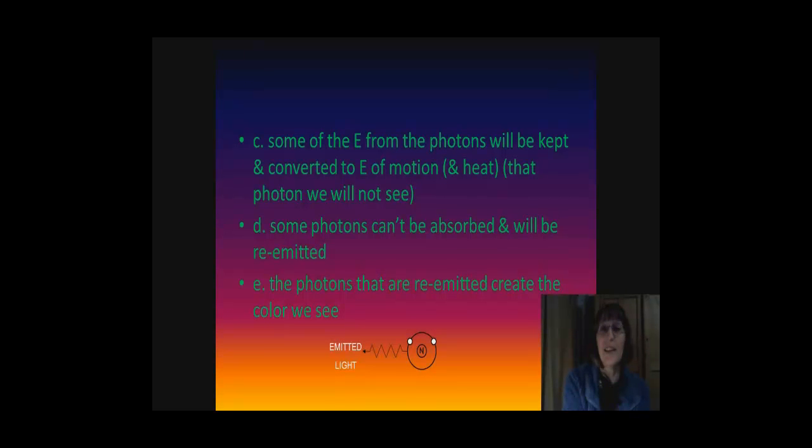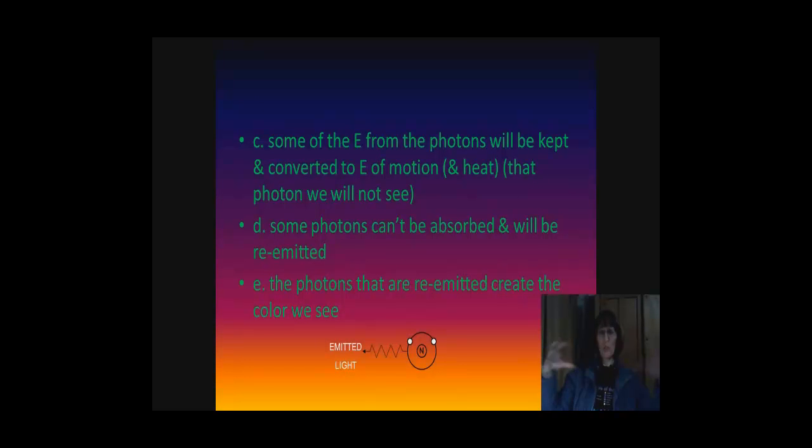Letter C. Some of the energy from the photons will be kept and converted into energy of motion, right? So you've got this electron here in an orbit. The photon hits it, it absorbs it, jumps up to a farther orbit away from the nucleus. So think about this a minute. You've got all these atoms packed into a solid, and then all of a sudden you shine light on it, and they take up more space.